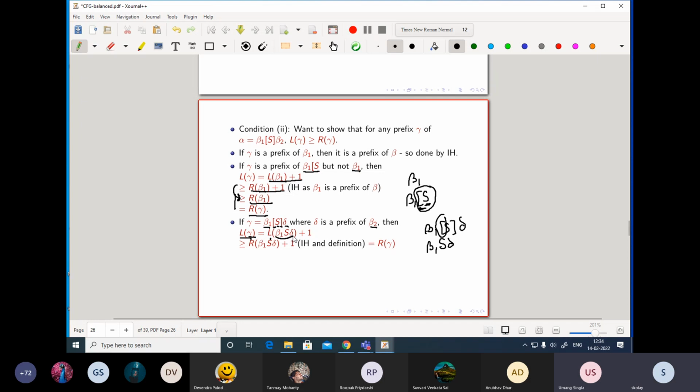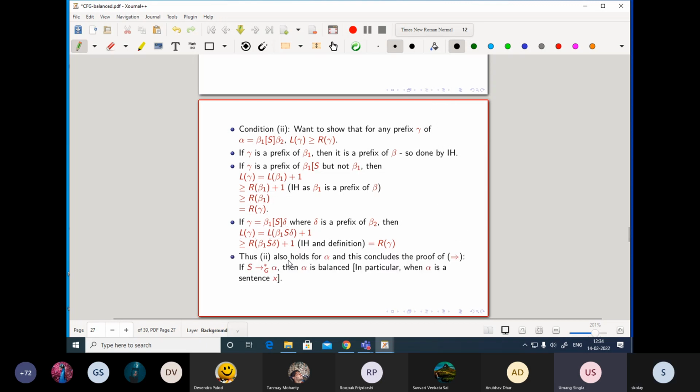But beta 1 S delta is a prefix of beta, because beta was of the form beta 1 S beta 2 and alpha was of the form beta 1 bracket S beta 2. Therefore, I can say L of beta 1 S delta plus 1 is greater than or equal to R of beta 1 S delta plus 1, inducting on beta.